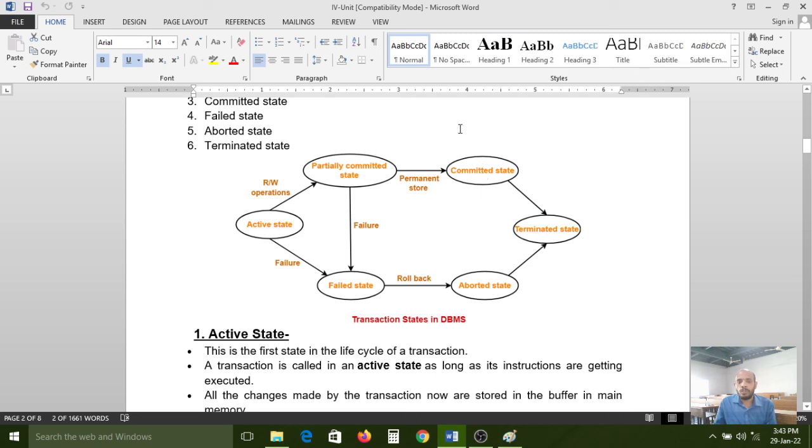The data will be stored permanently in our database. After that, it goes to the terminated state to close that transaction. Because when one transaction has executed completely, the second transaction is waiting to execute. So to give it a chance, the first transaction should be in the terminated state. Okay.